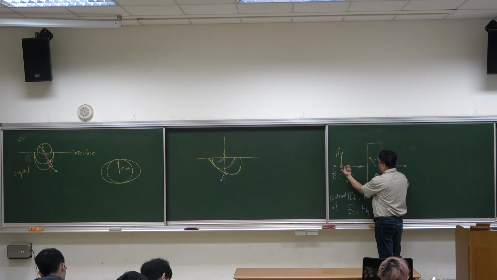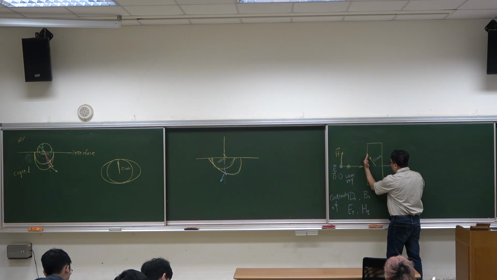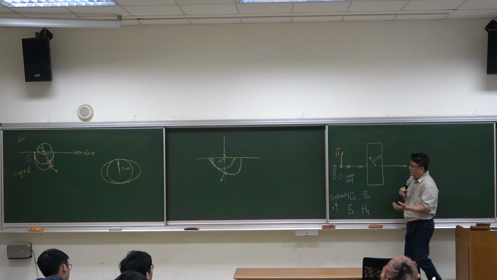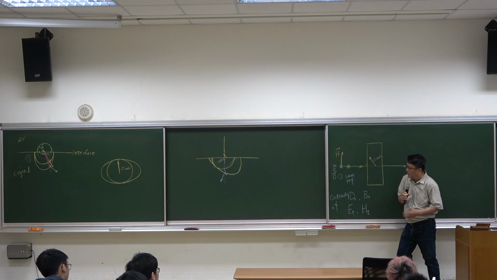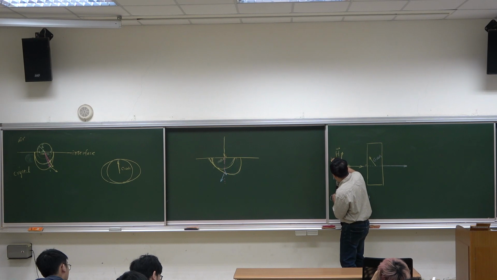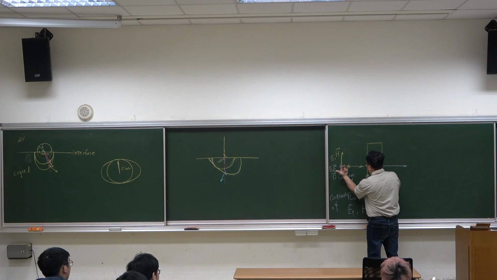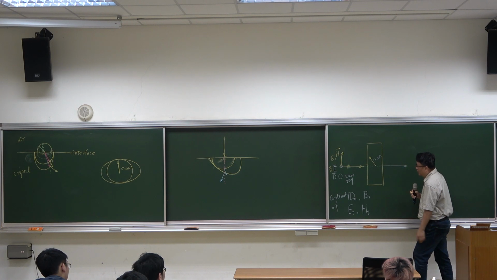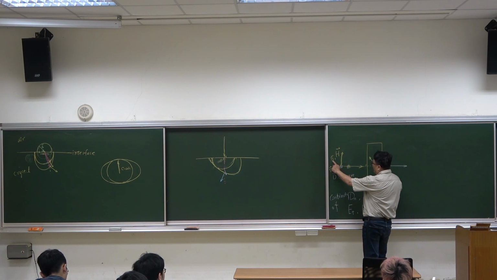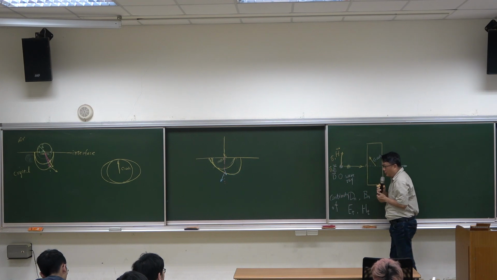This E vector and H vector are parallel to the interface. Okay, there is no normal component of them. D and E along this direction, B and H along that direction. B normal is equal to 0 and D normal is equal to 0.